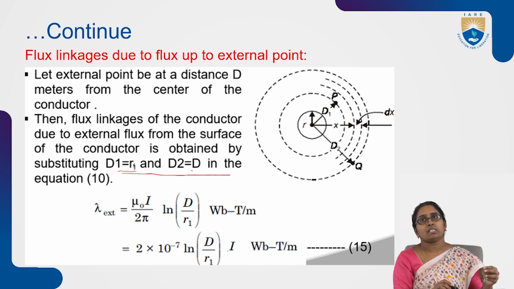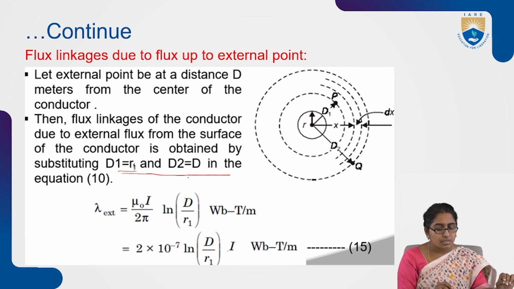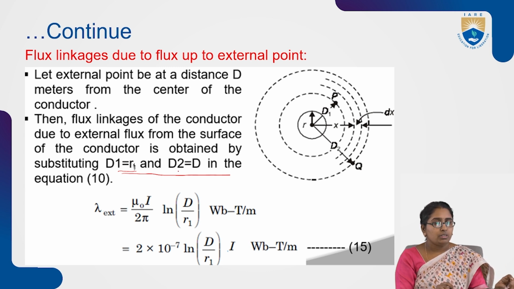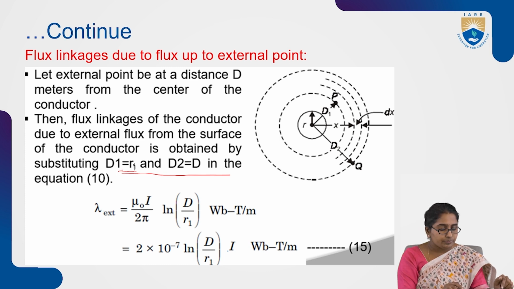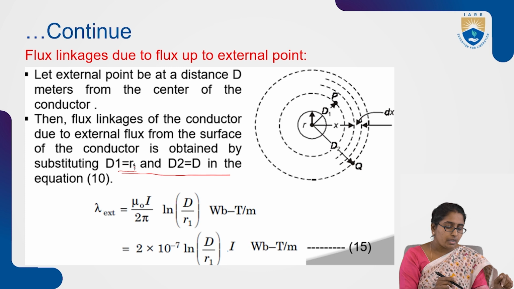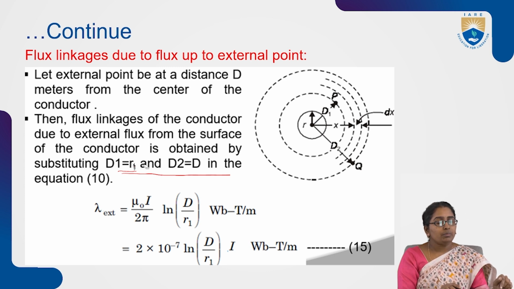In a single phase transmission line, we have two conductors, so the distance between those two conductors is capital D. That is a maximum value, taken as equal to D2, and D1 is actually r. So that is nothing but the radius of the first conductor.